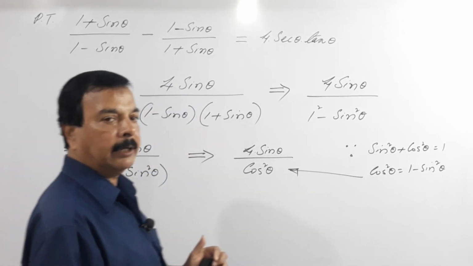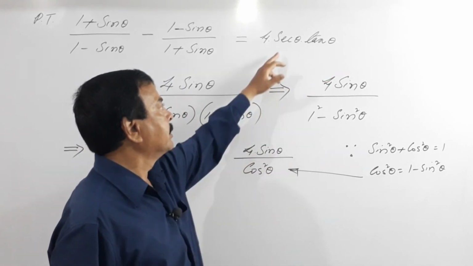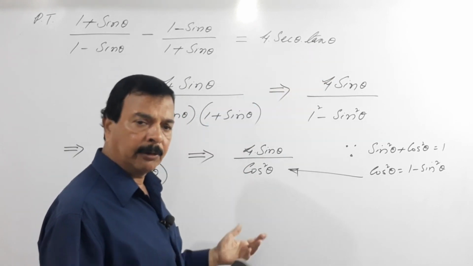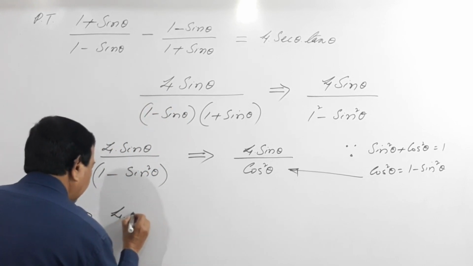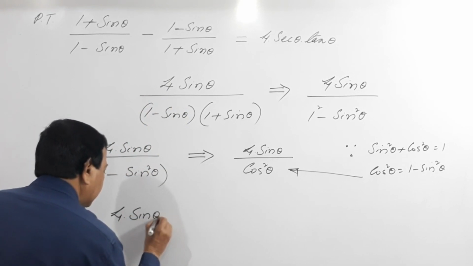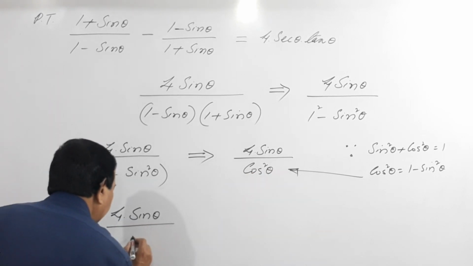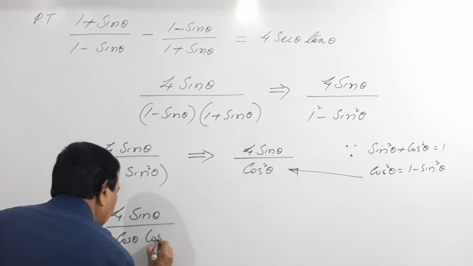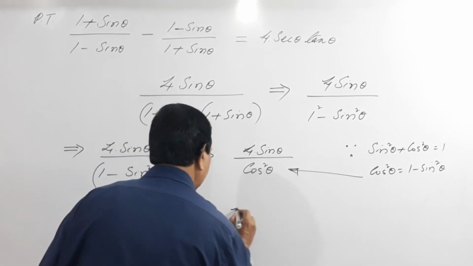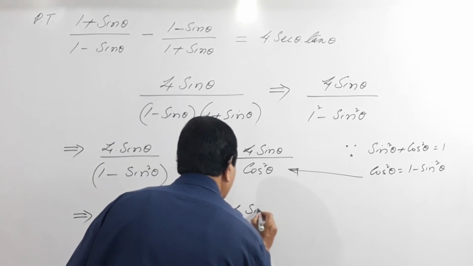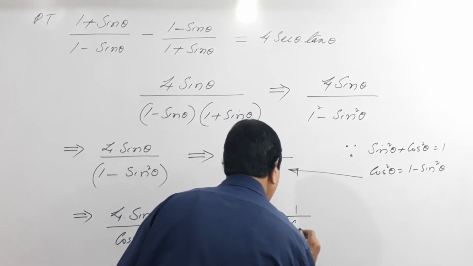Now after this, what do you have to prove? 4 into secant theta into tan theta. 4 has come, you need secant and you need tan. So you will get it here, look. So that is equal to what? 4 into sin theta divided by cos square theta, I will write cos square theta as cos theta into cos theta. So this is nothing but 4 into sin theta by cos theta into 1 by cos theta.